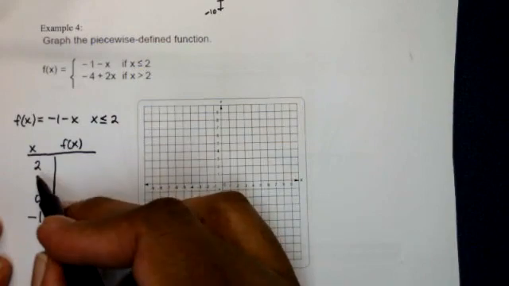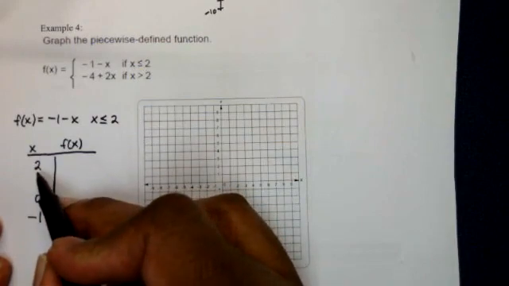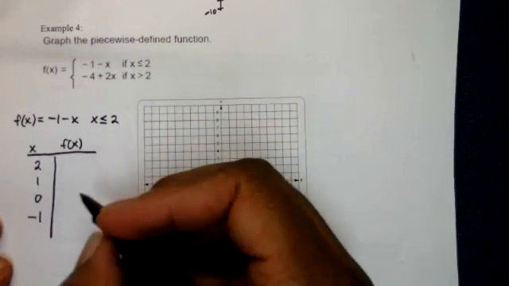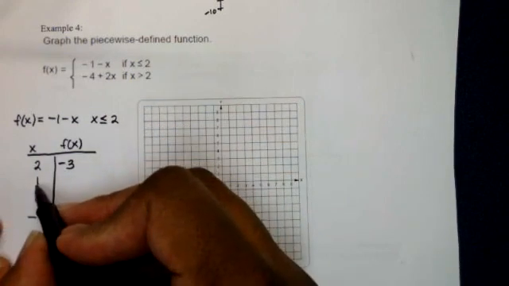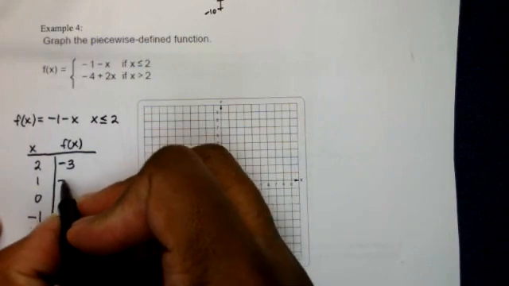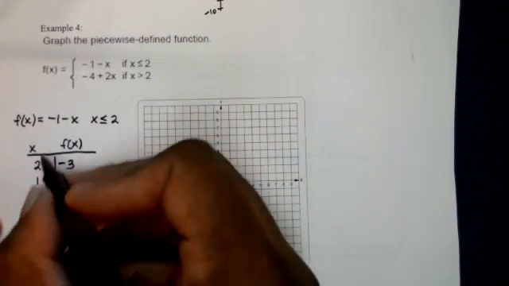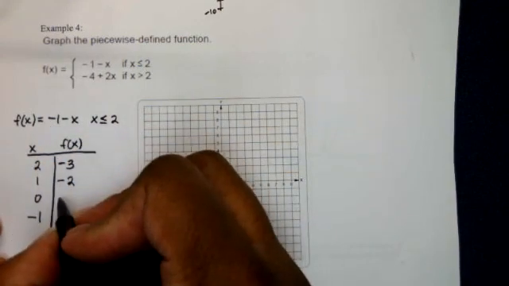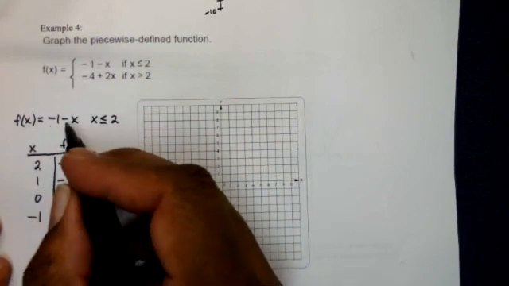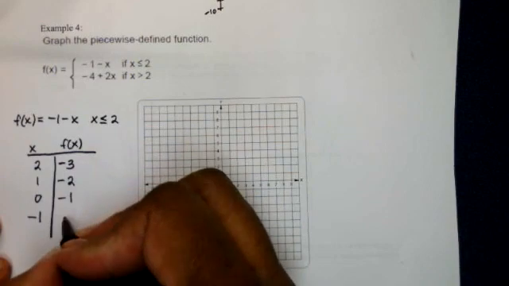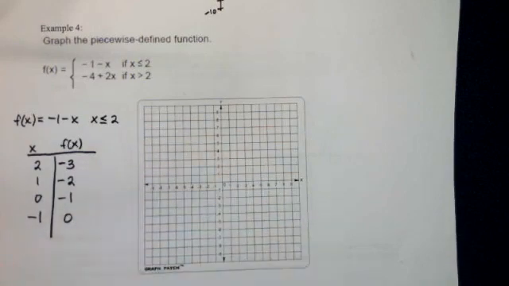In this case, if x is 2, then negative 1 minus 2 would be negative 3. And then for x is 1, negative 1 minus 1 would be negative 2. For 0, negative 1 minus 0 is negative 1. And for negative 1, negative 1 minus negative 1 is 0.